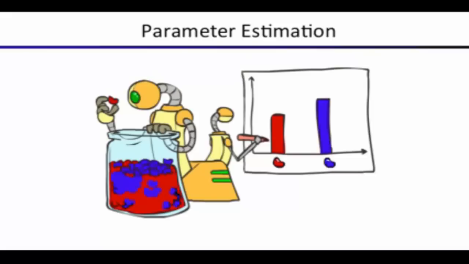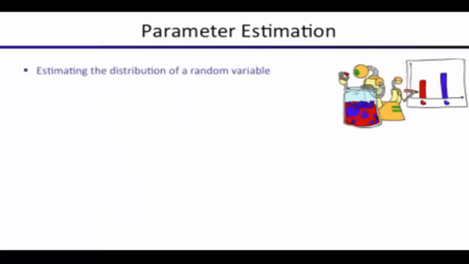First, let's look at parameter estimation in general. How are we actually learning the probabilities? We're trying to fill in a Bayes net, so we're trying to estimate the distribution of a random variable. How could we do it? One way is we could ask a human.